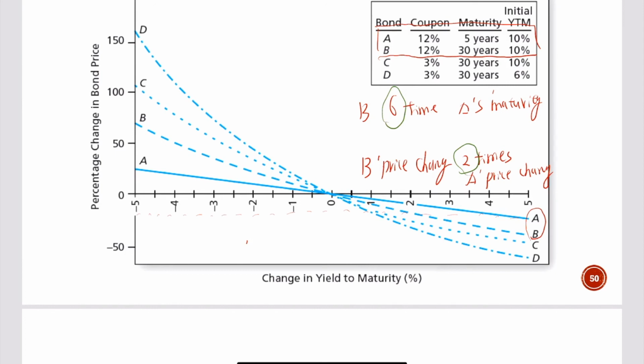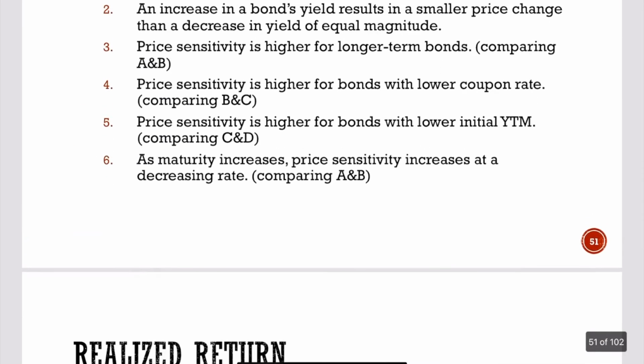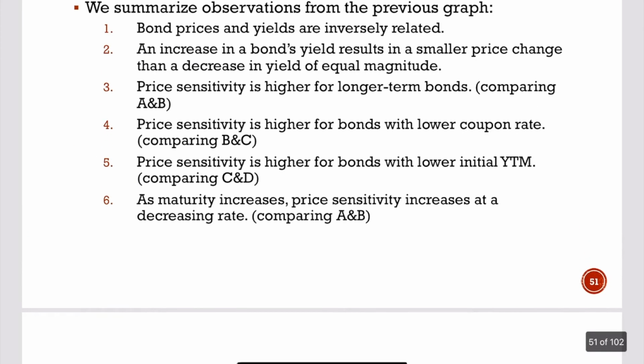B has 6 times A's maturity, but its price change is only 2 times A's price change. So that's why you get the last statement. As maturity increases, price sensitivity increases at a decreasing rate, right? That is, price increases slower compared with maturity.